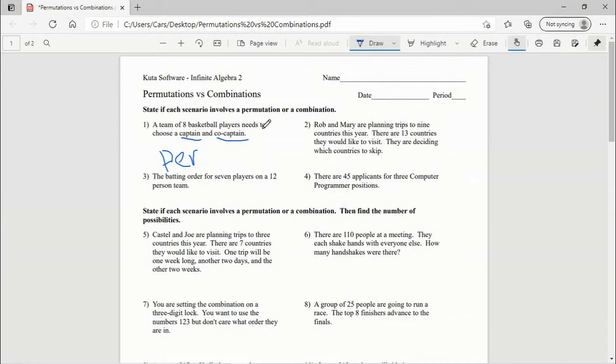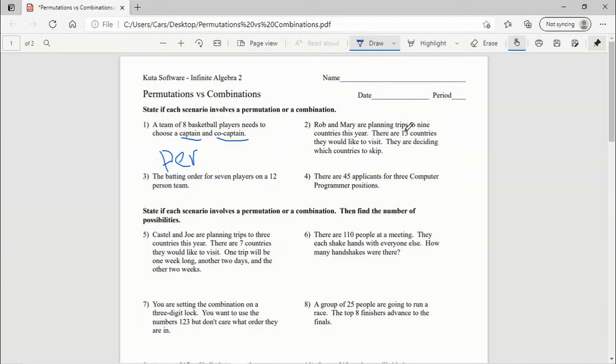On our second one, it says Rob and Mary are planning trips to 9 countries this year. There are 13 countries that they would like to visit. They are deciding which countries to skip. Notice that they're choosing 9, yet it doesn't say that you're choosing one specifically.